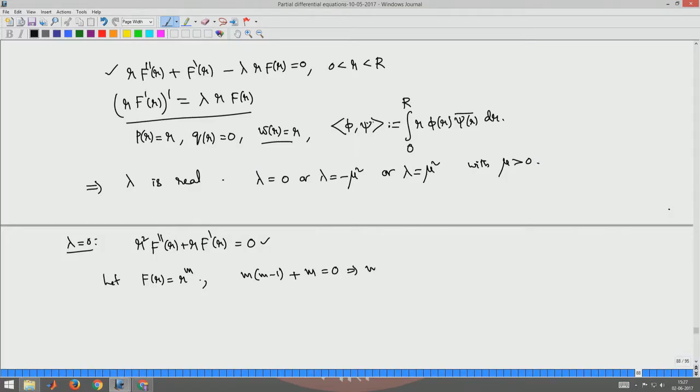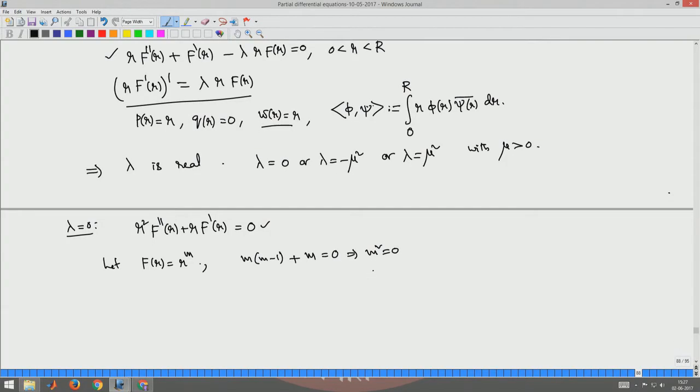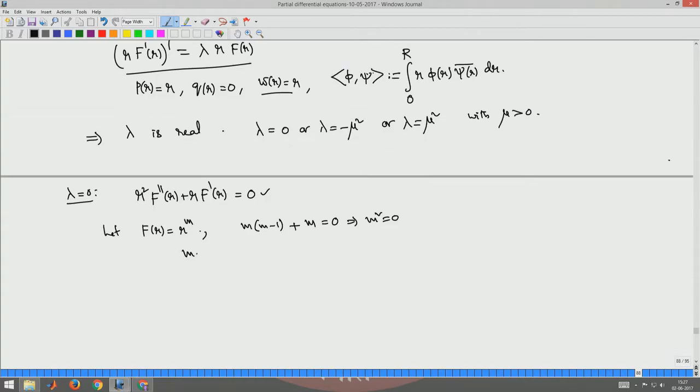That will give me m square equal to 0. So, roots are m equal to 0 and 0. The general solution of that equation is f of r equal to c1 times r power 0, that is 1, plus c2 times, because they are repeated roots, r power 0 into log r. So, you have r power 0 is 1, and you have log r. This is the solution.